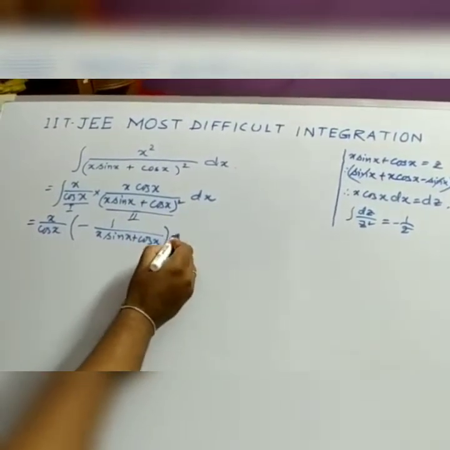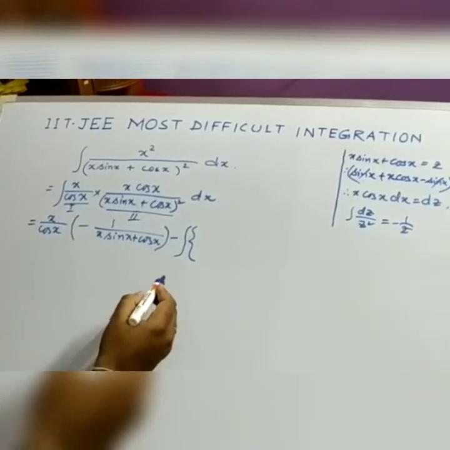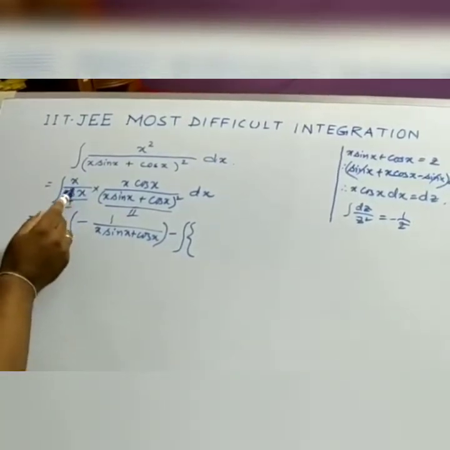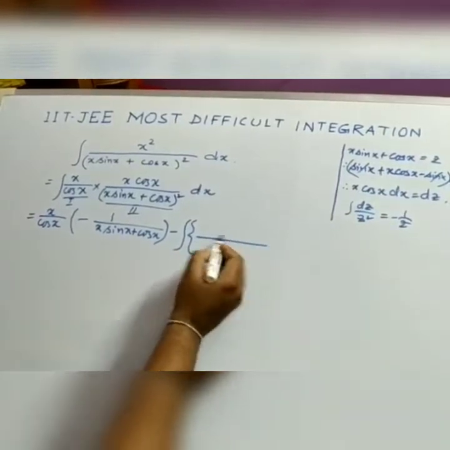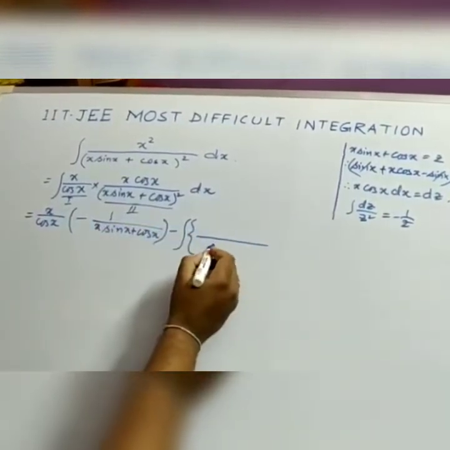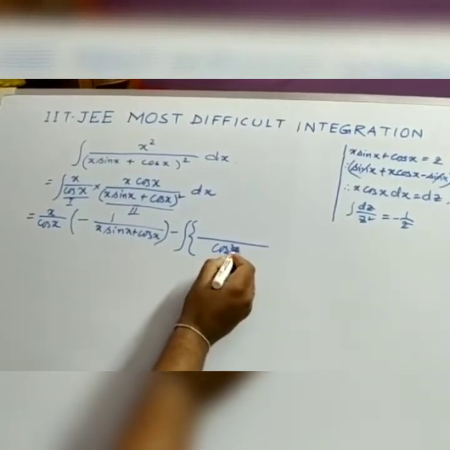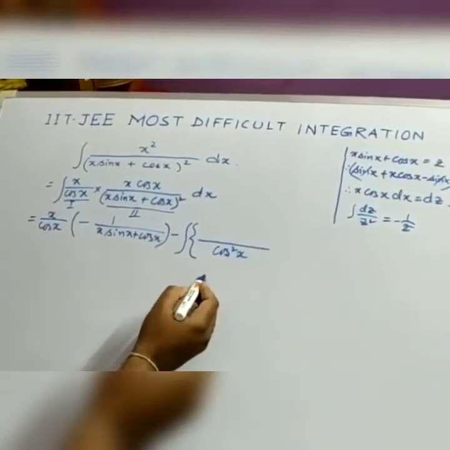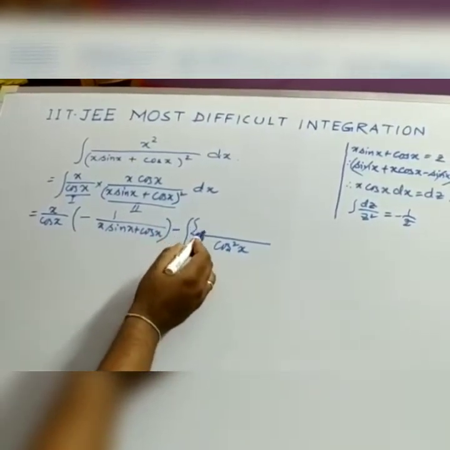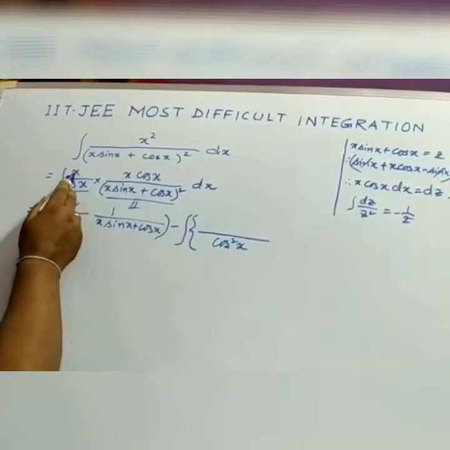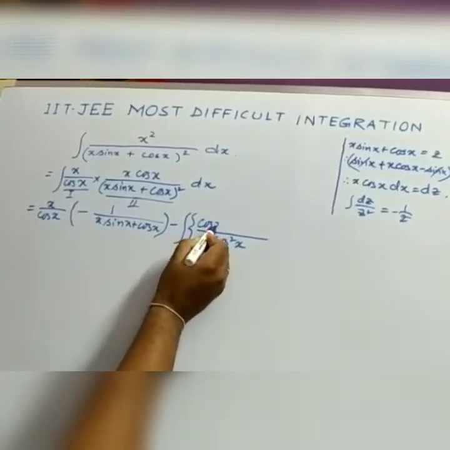Now minus integration of d/dx of u part. The first part is x by cos x, that is the division method. So the differentiation gives the denominator square, that is cos square x. Now numerator will become denominator into differentiation of numerator. Differentiation of numerator x is 1, so that will give only cos x.